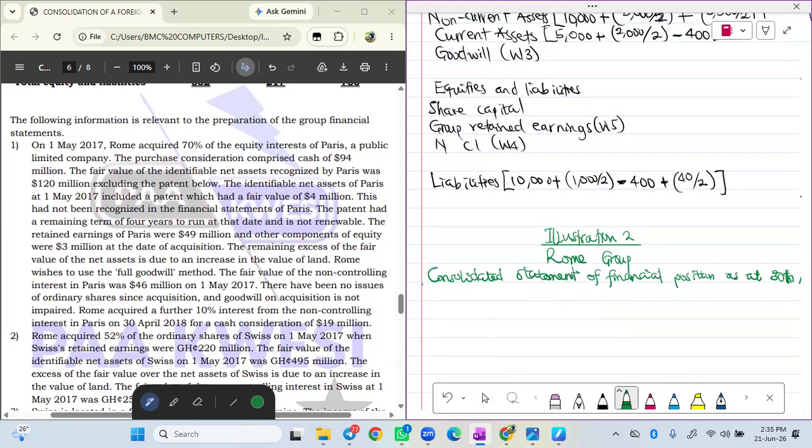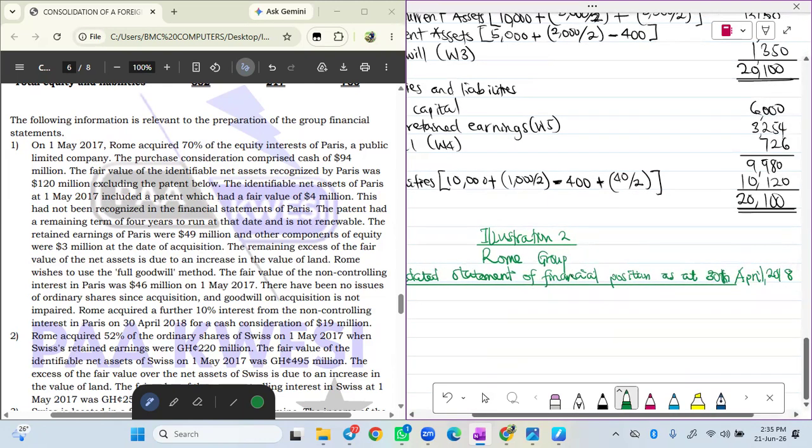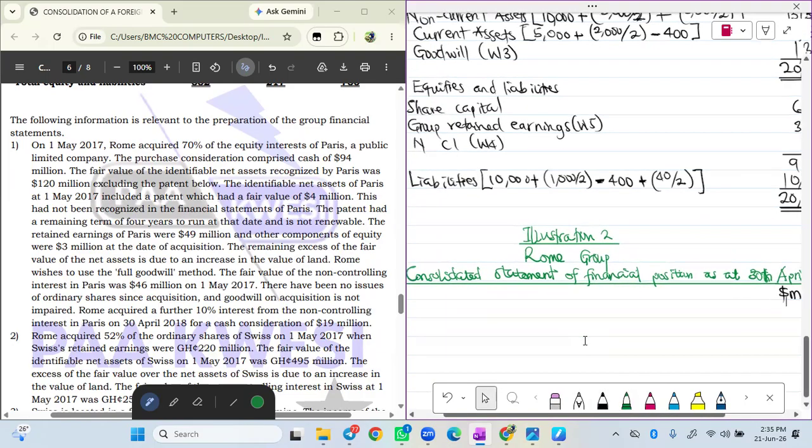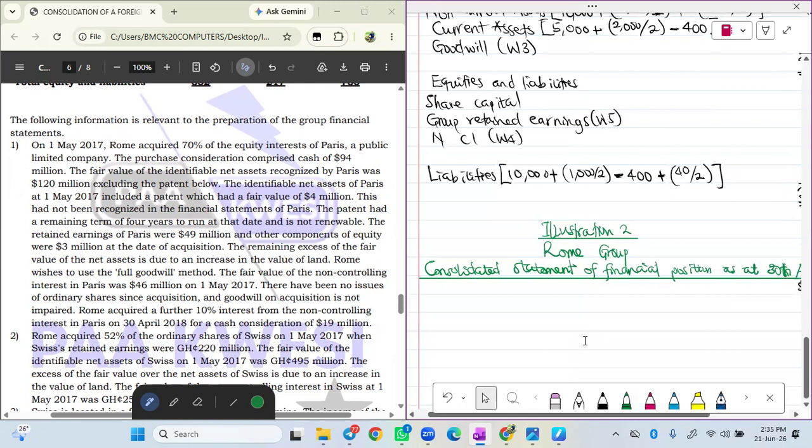Okay, so 1. On 1st May 2017, Rome acquired 70% of the equity interest of Paris, a public limited company. The purchase consideration comprised cash of $94 million. The fair value of the identifiable net assets recognized by Paris was $120 million, excluding the patent.